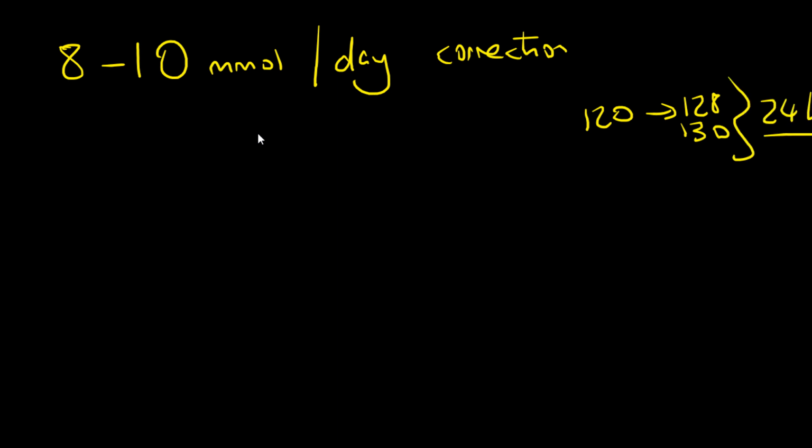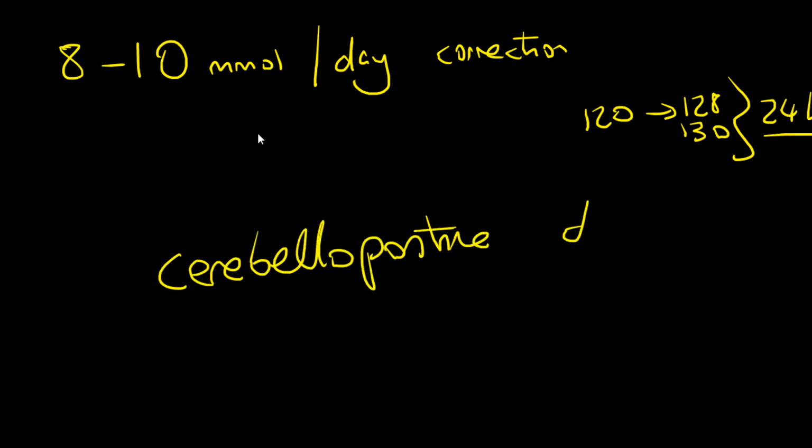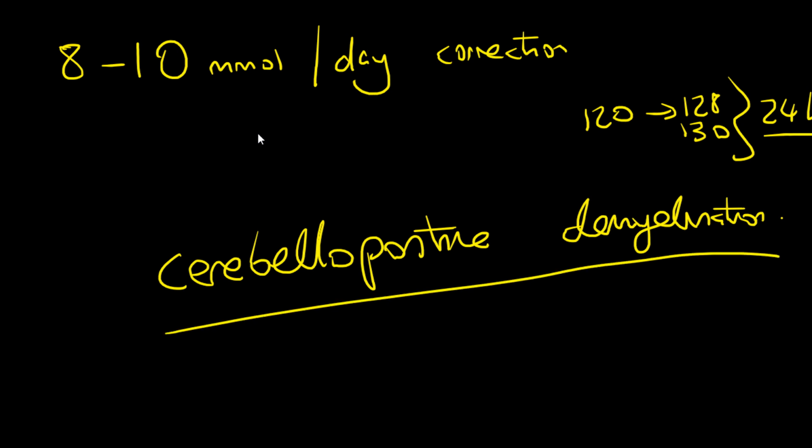You want to do it slowly because it can cause cerebellopontine demyelination, which can cause ataxia, brainstem injury, and so on. So it's not good. We do not like cerebellopontine demyelination, and we correct sodium slowly. So slow correction.